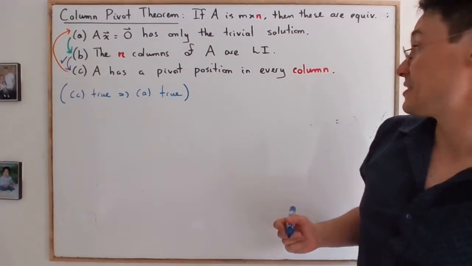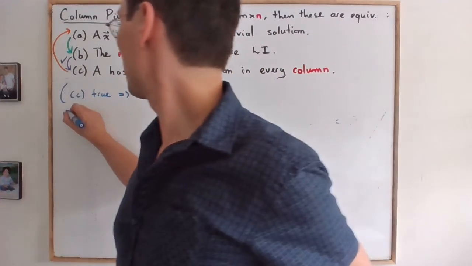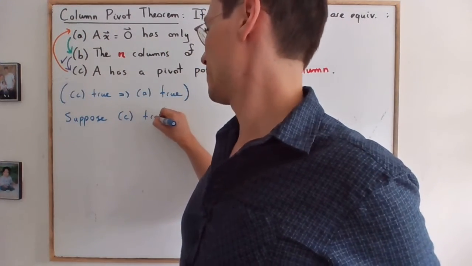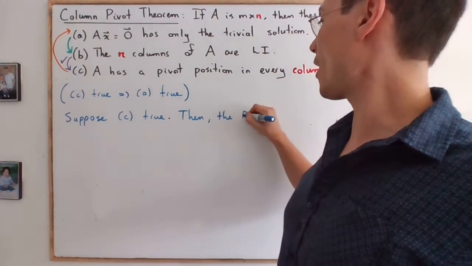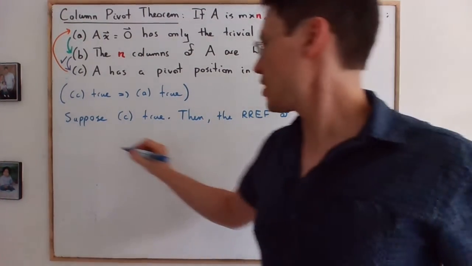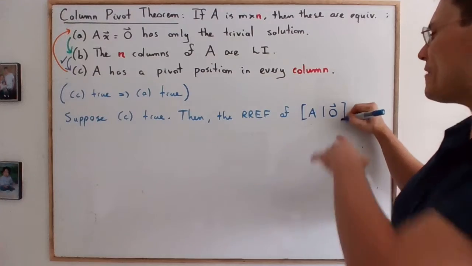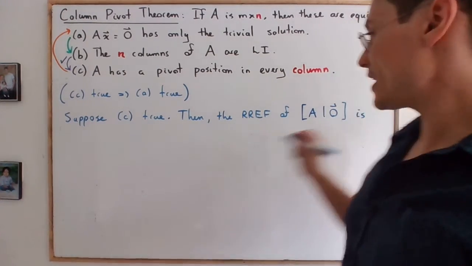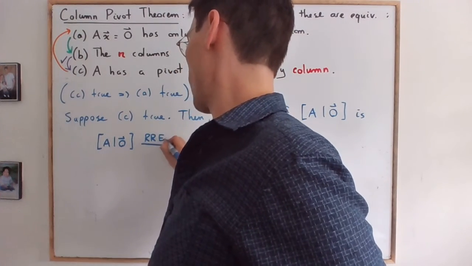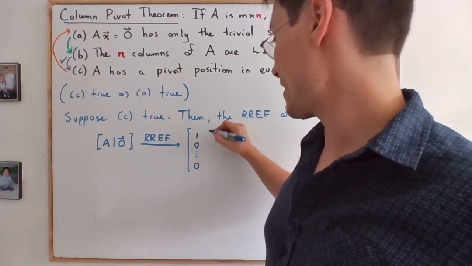Okay, this is actually much easier. So if A has a pivot position in every column, suppose C true, then the RREF of A is... if we take the augmented matrix and put the 0 vector, we perform the reduced row echelon form, and what we're going to get is a bunch of zeros like this.